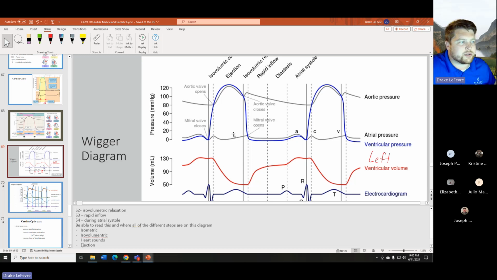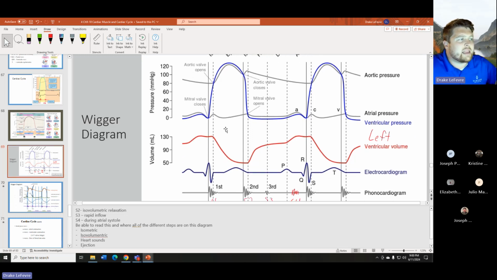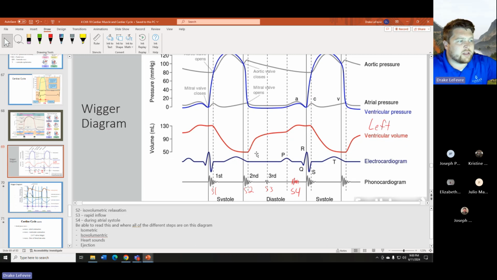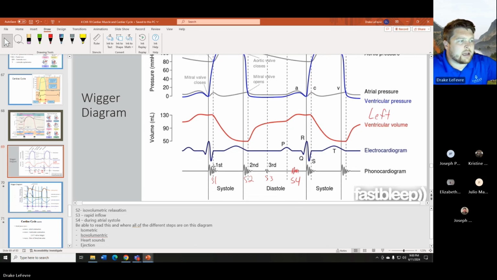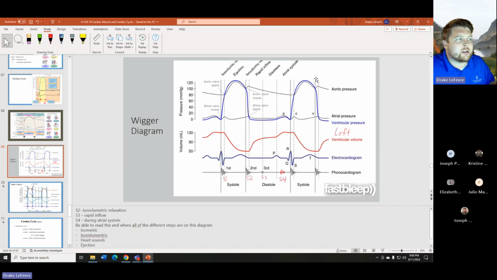It just separates out the pressures from the volume, and then matches it up to the portions of the EKG and where the sounds are. So spend a little bit of time with the Wigger diagram to go over it and see how it's labeled in these different spots.